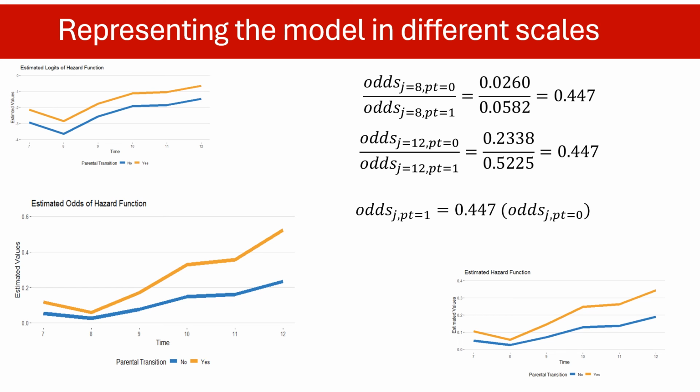However, if we take the odds of each time period for the different levels of the covariate and calculate the ratios of these odds, we will obtain the same number, in this example 0.447, which means that the relative distance of the odds is constant, whereas the odds of the outcome for those who experienced parental transitions are proportional to the odds of the baseline group, those that did not experience a parental transition.